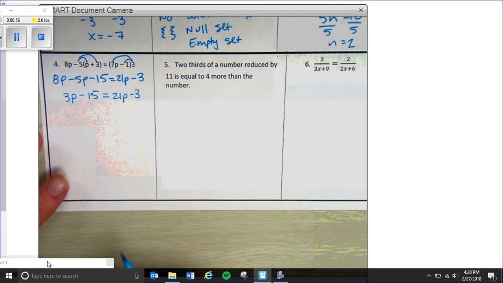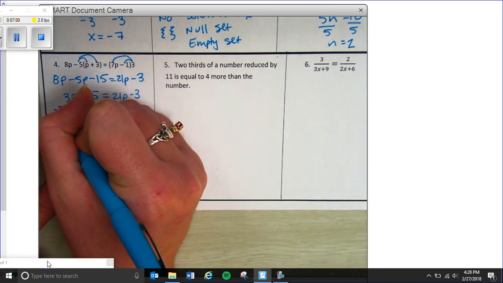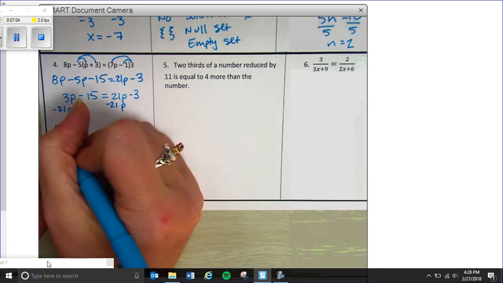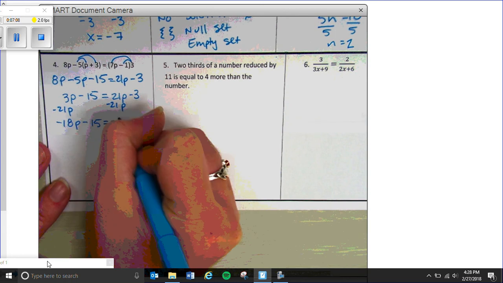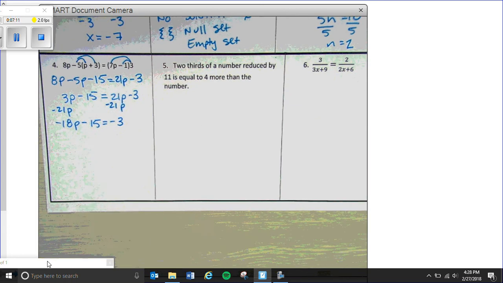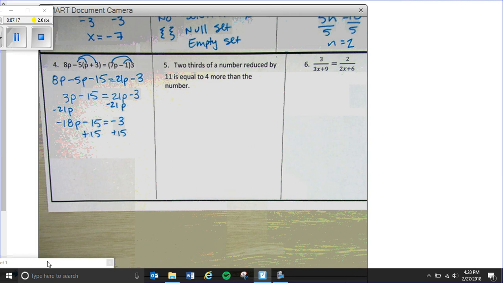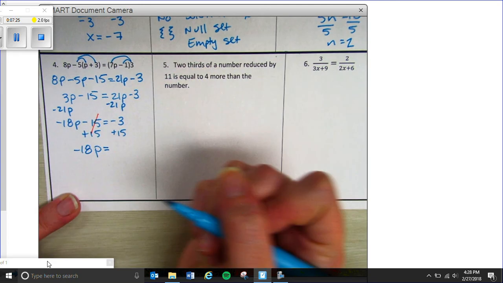All right, now I'm going to move my variables to the left, so subtract 21p. 3 minus 21 gets me a negative 18p. And I move my constants to the right, add 15 to both sides. Just going to cancel these 15s out. Leaves me with negative 18p equals 12.